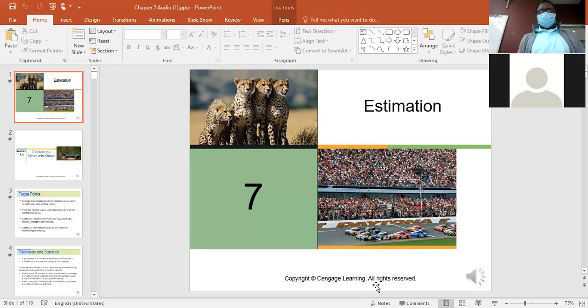At the beginning of this class, we learned that statistics consisted of collecting, organizing, summarizing, and presenting data using graphs, and analyzing to make conclusions or predictions about the population.